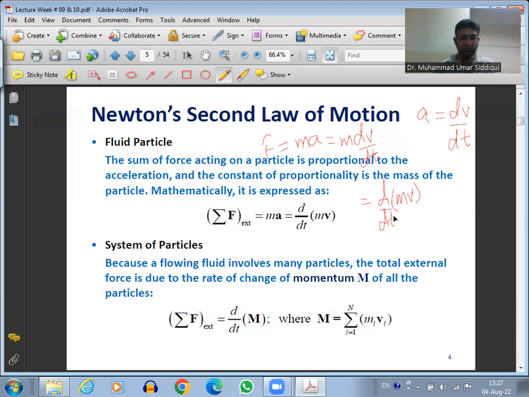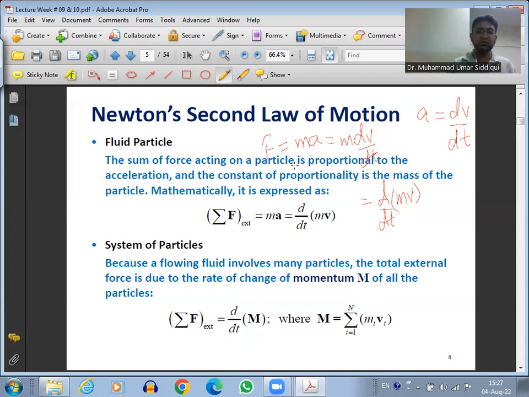What will happen if you differentiate mv with respect to time? The mass is constant and comes out, and it will be just dv by dt. So you get m dv by dt, which is the same as ma.